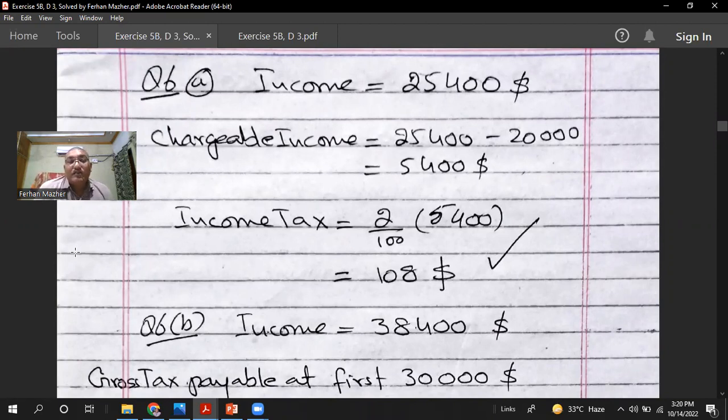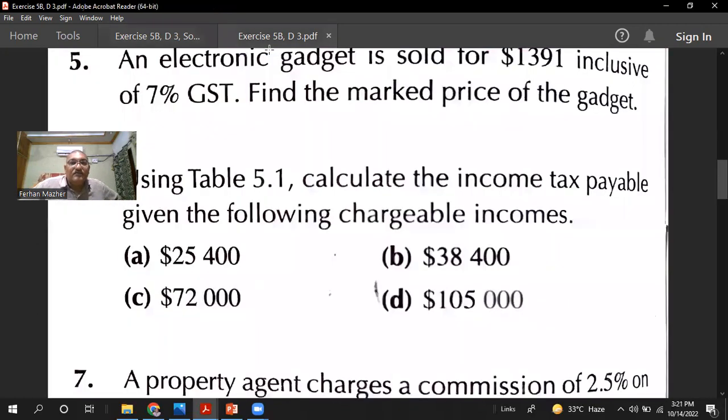So income tax will be 2% of this chargeable income. So 2 by 100 multiplied by 5,400, and it will be $108. So the income tax will be $108. So you see, we have used table 5.1, which is given in your book, and this is how much income tax will be charged.